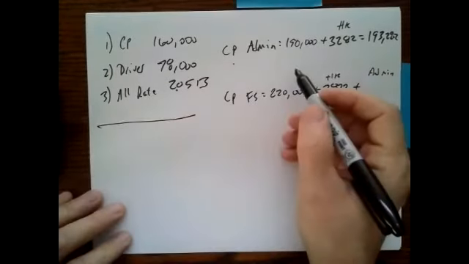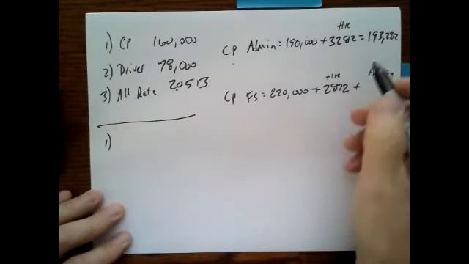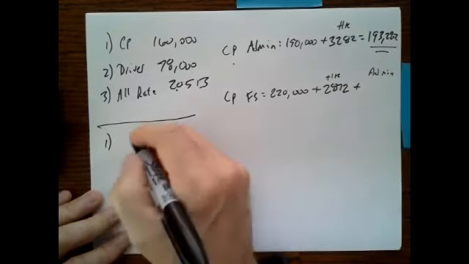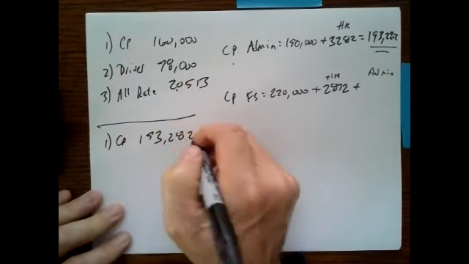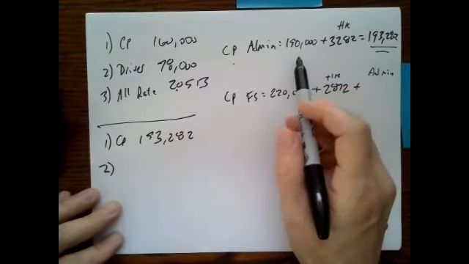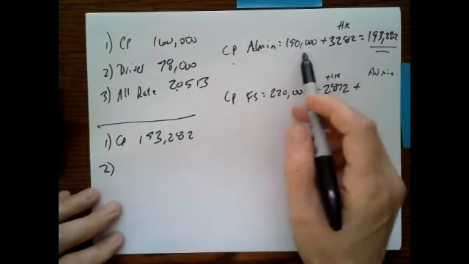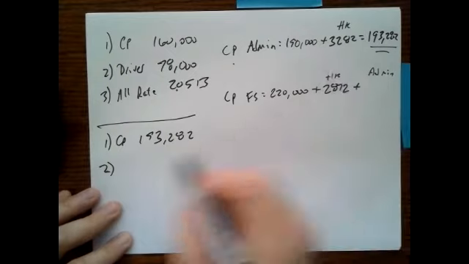So now we can run the allocation for admin. The admin cost pool is 193,282. Right, so this is because admin comes second, its cost pool is both its direct cost plus the amount of support that it gets from housekeeping.